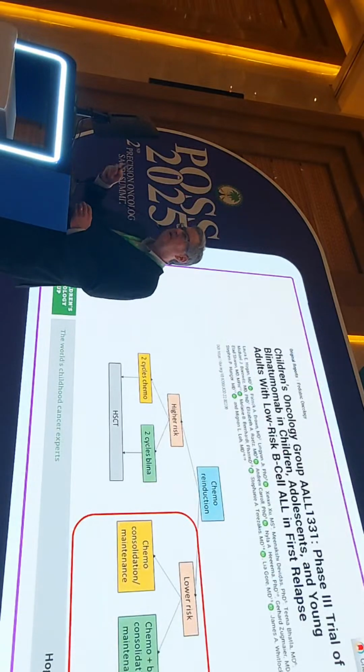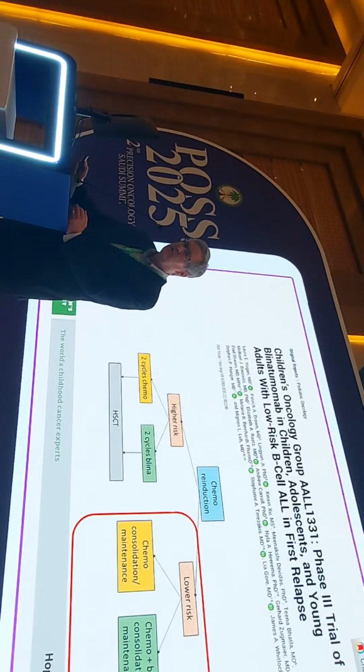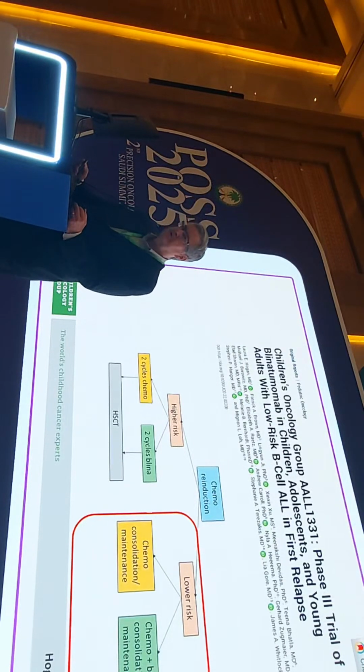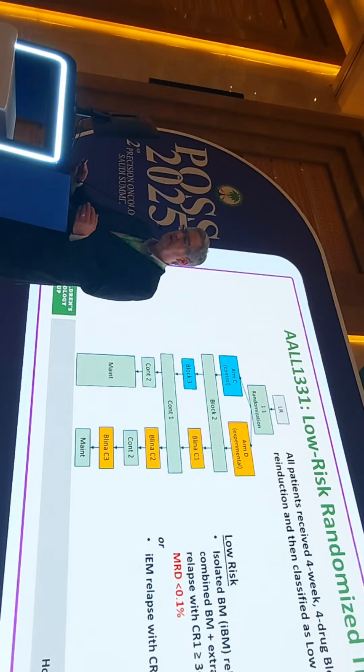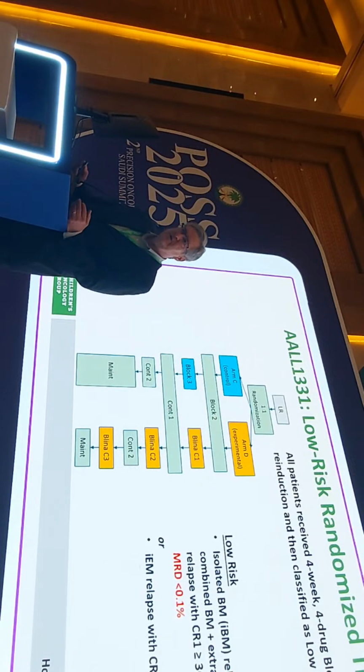Now I want to turn to the other randomization in the AALL1331 trial, the lower risk randomization. Again, all patients received 1 month of chemotherapy prior to risk stratification. The definition of low risk is shown in this slide. The standard control arm, patients received block 2 of chemotherapy, block 3 of chemotherapy, and then continuation 1, continuation 2, and maintenance therapy for about 2 years, but there was no transplant.